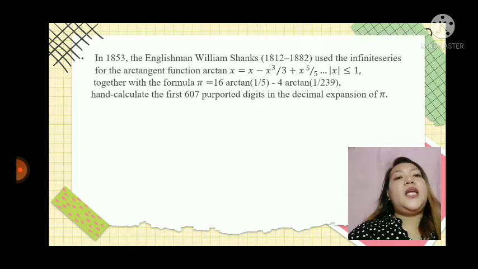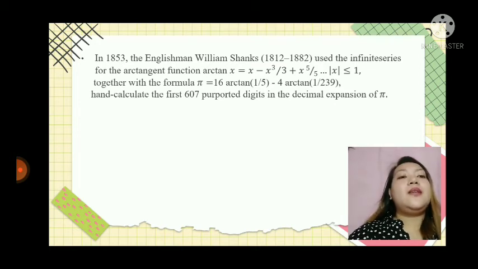In 1853, the Englishman William Shanks used the infinite series for the arctangent function, arctan x equals x minus x cubed over 3 plus x to the fifth over 5 and so on, for absolute x less than or equal to 1, together with the formula pi equals 16 arctan of 1 over 5 minus 4 arctan of 1 over 239.